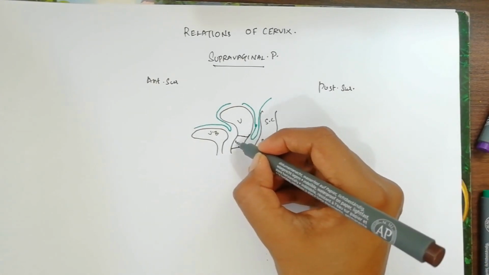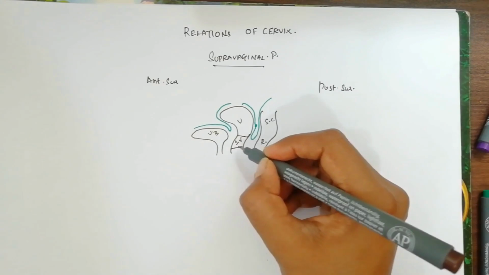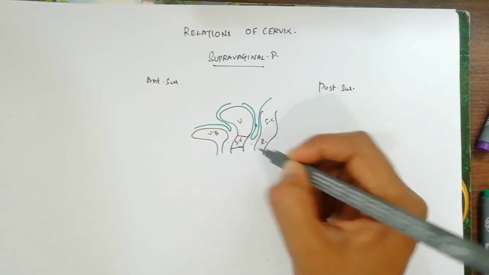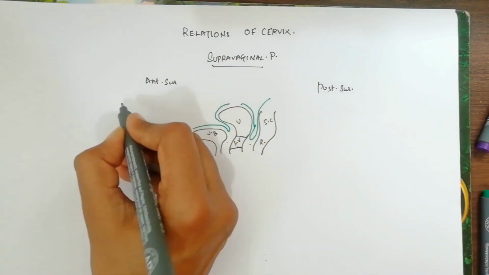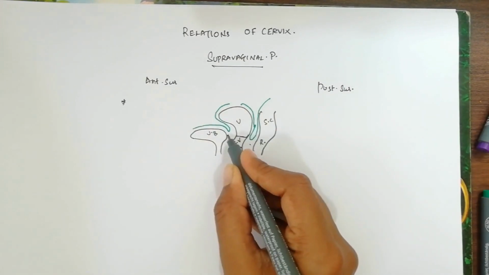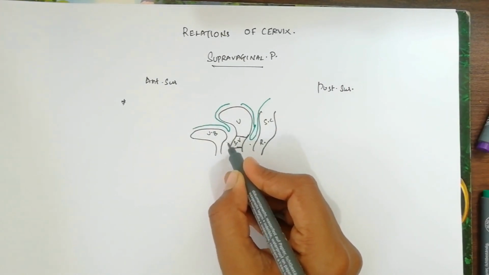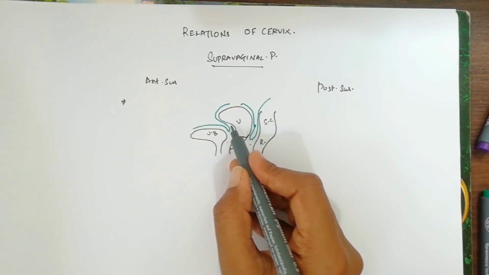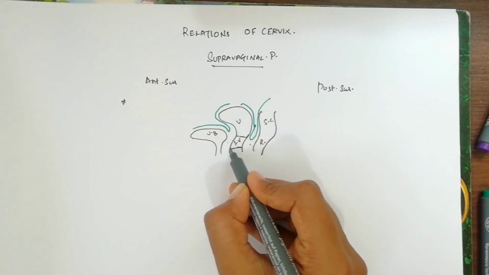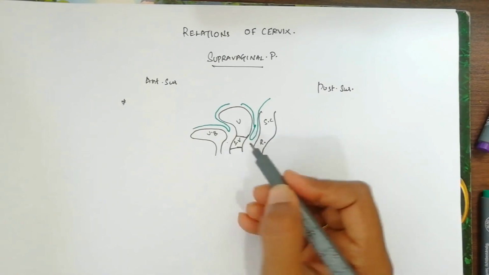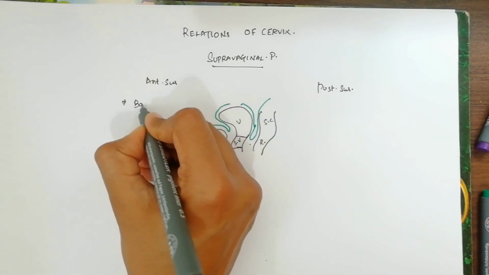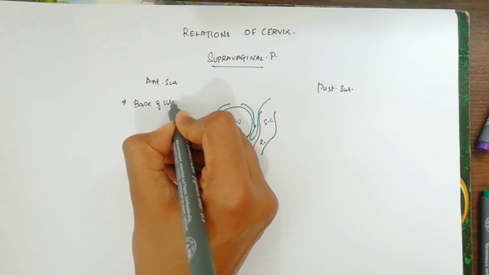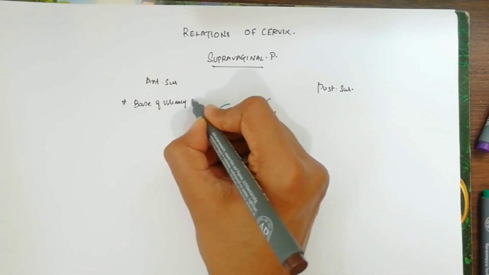Talking about this supravaginal part, we have an anterior surface and a posterior surface. In the anterior surface, you can see only the base of the urinary bladder, not the pouch extending. The pouch extends only till the body of the uterus. So in the supravaginal part, anterior surface, we have only the base of the urinary bladder.